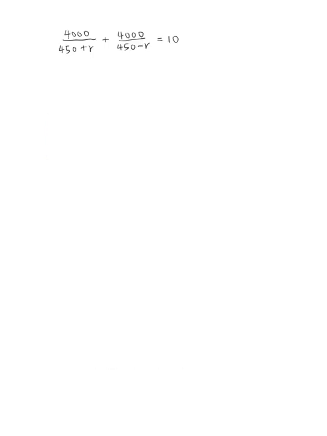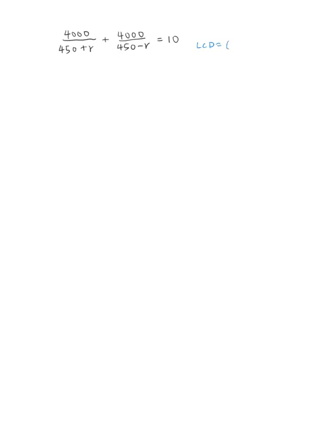Okay, now we're ready to solve this. First, I need to get the common denominator of 450 plus r and 450 minus r. Since we're solving this equation, what we should do is multiply the left and the right hand side by the LCD, the least common denominator. Well, what's the LCD?